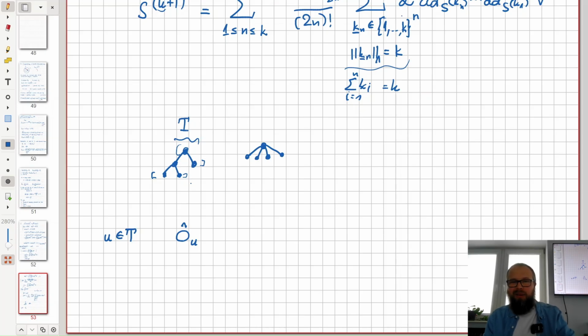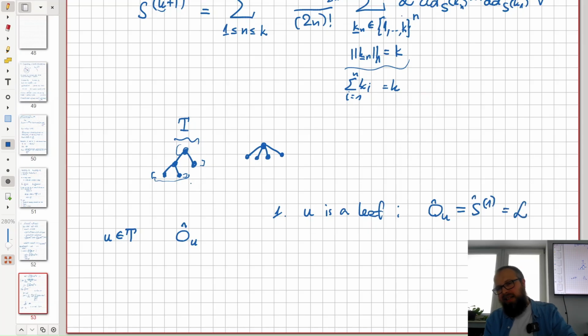The first rule is that when u is a leaf, so the nodes on the very bottom that have no children, the operator you assign them equals S1, which is L on V.